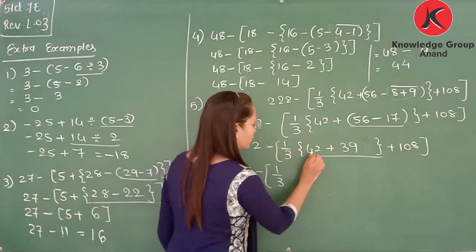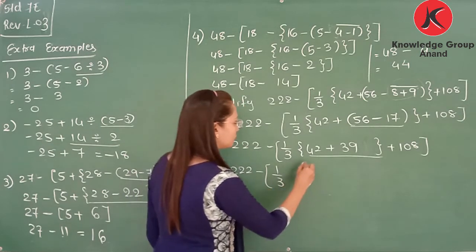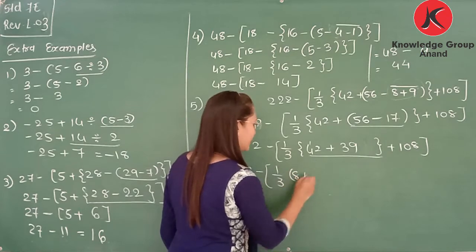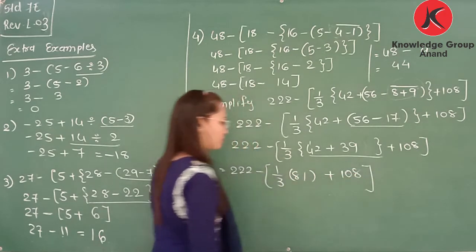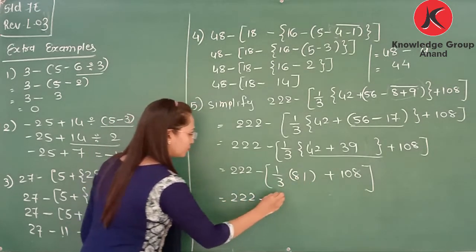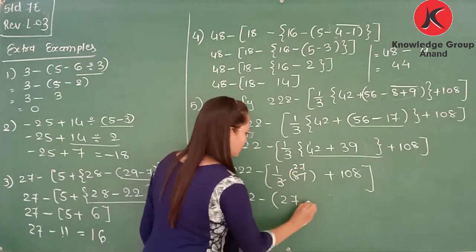So we have 42 plus 39 is 81, plus 108 as it is. Now, perform the division of this. So you will get 27 plus 10.